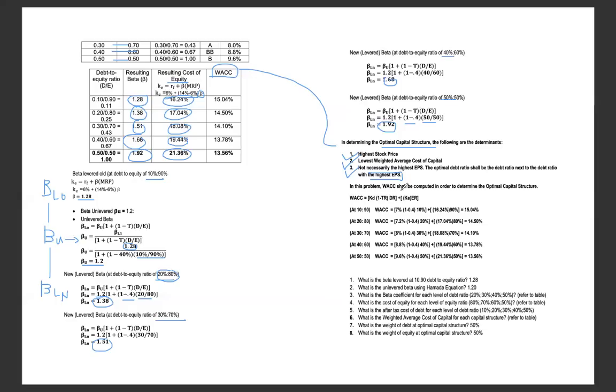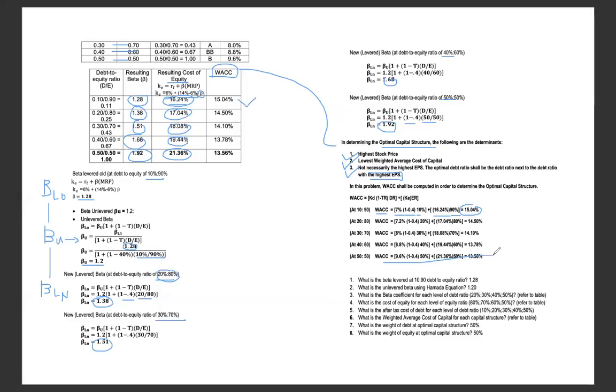So now, in the straight problem, this is how we compute the WACC. At 10-90, you have 7% times 1 minus 0.4 times the 10% debt ratio, plus the 16.24% you computed times 90%, you have 15.04. Same process at 20-80, 30-70, 40-60, and 50-50.